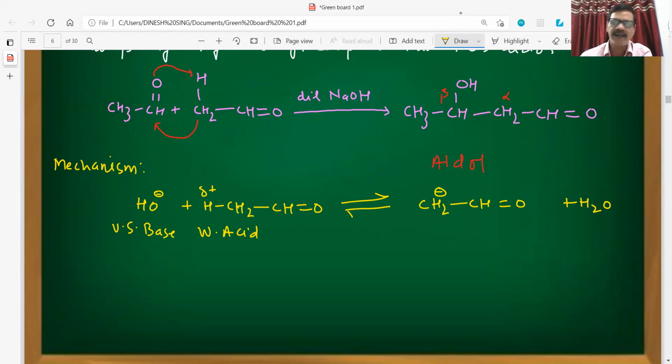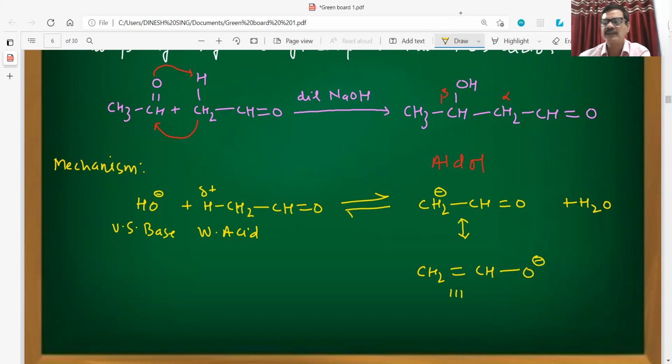Now this is the carbanion intermediate. This carbanion is stabilized through resonance: CH2 minus CHO and CH2 CH O minus.